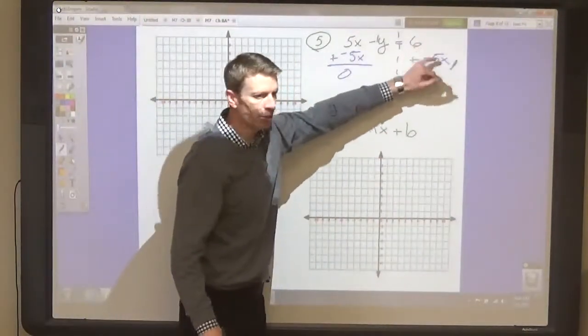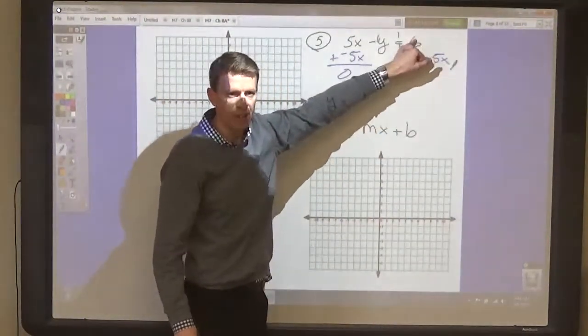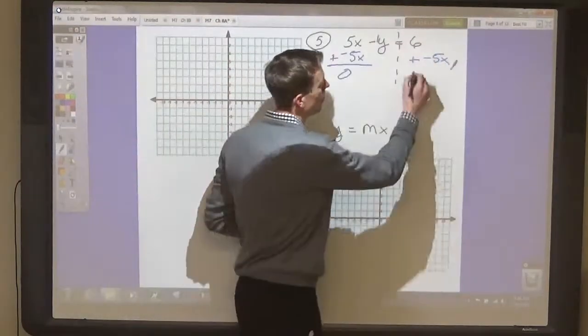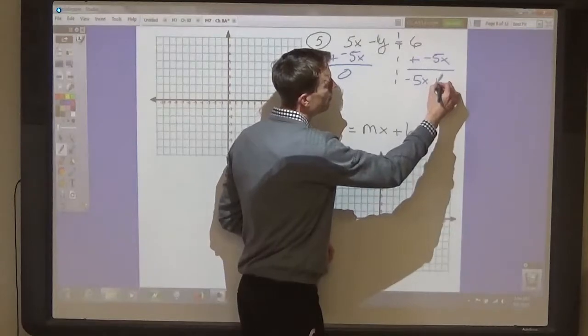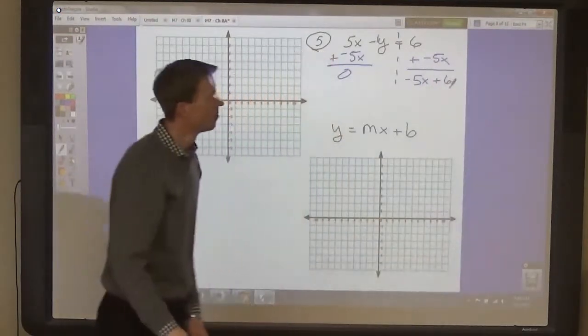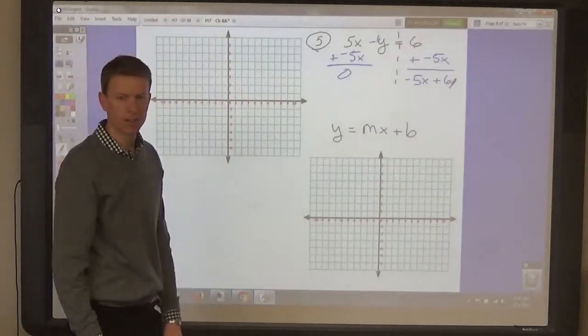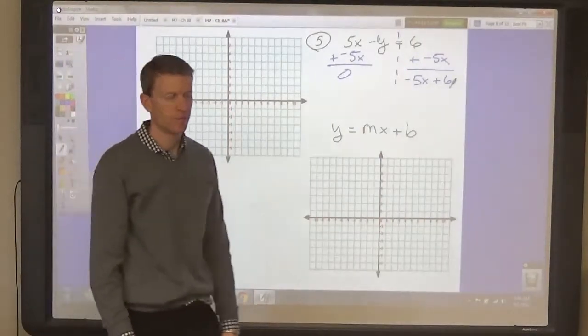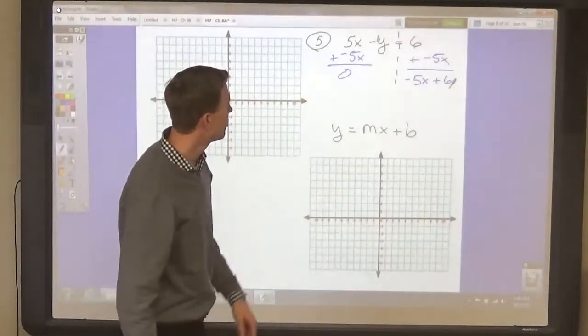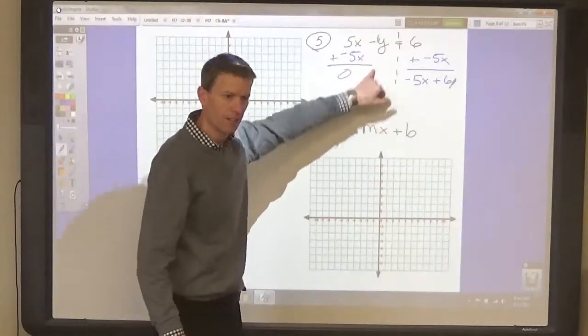Now, can we add these two? No, they're not like terms. So, just keep them separate. Any questions so far? All right, so what's left on the left side?